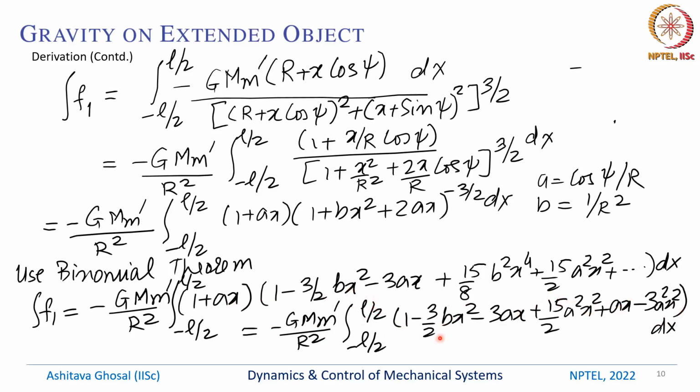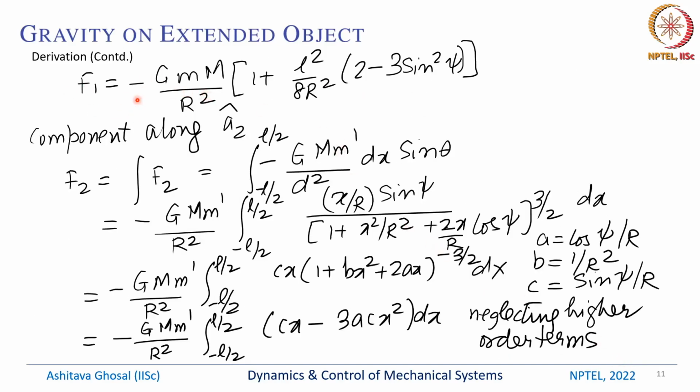Okay, so it is 1 minus 3 by 2 bx square. Then you will have some terms which are coming from ax, so it is minus 3ax and so on. Okay, so basically what we have done is we have simplified this quantity which we want to integrate. We have used the binomial theorem and we have kept only some lower order terms.